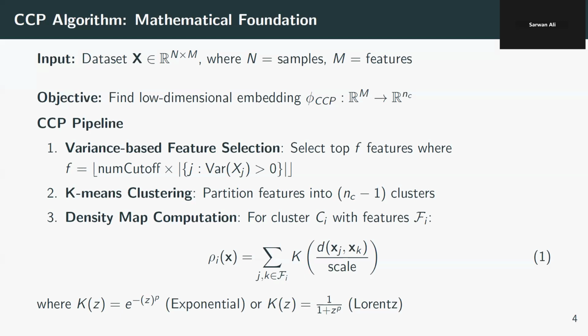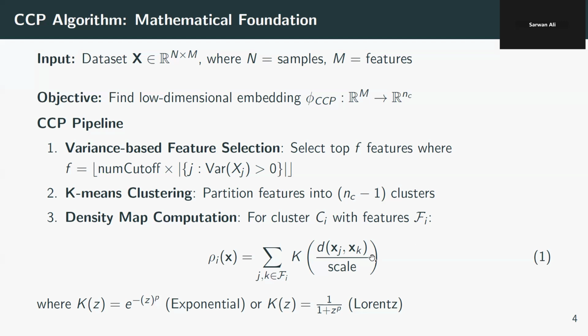Then we use k-means to partition these features into clusters. The critical step is the density map computation. For each cluster C sub I containing feature f of I, we compute a density function rho I, which is where the magic happens. We are essentially measuring how correlated the features within each cluster are.